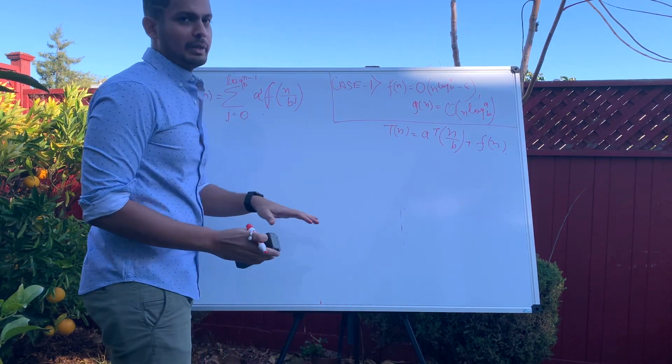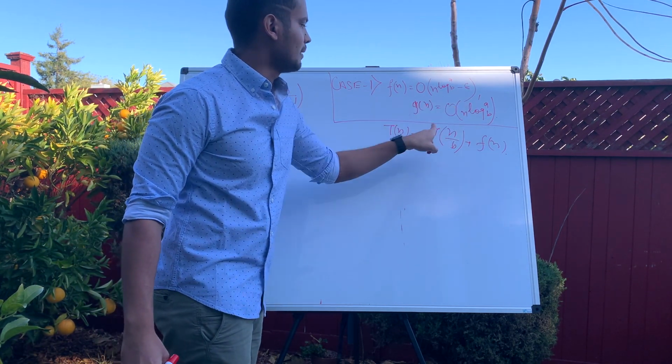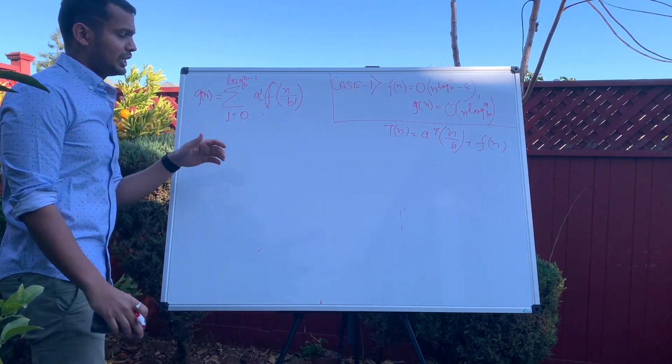So what this case means is that if this side is dominant, we only care about n log ab for deciding the time complexity of this recursive function. So let's start with the proof.